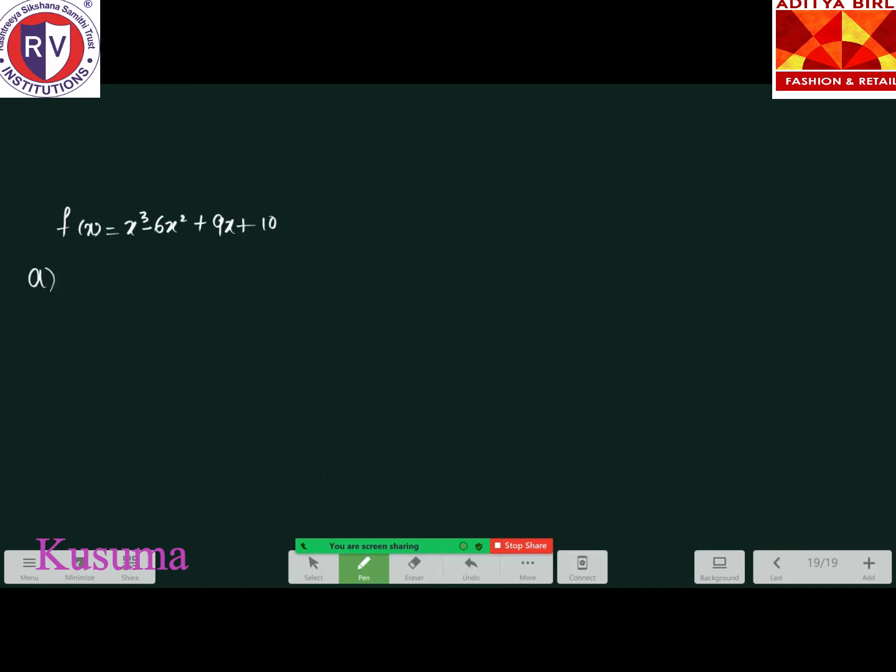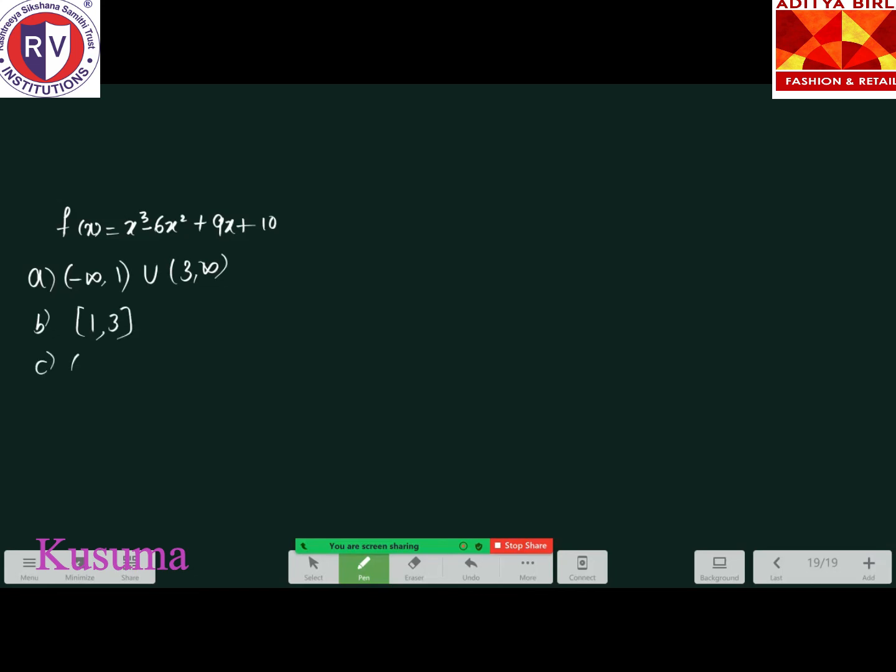The options are: minus infinity, comma 1, union 3, comma infinity. Option B is closed interval 1, comma 3.